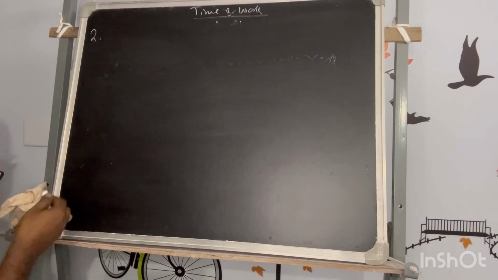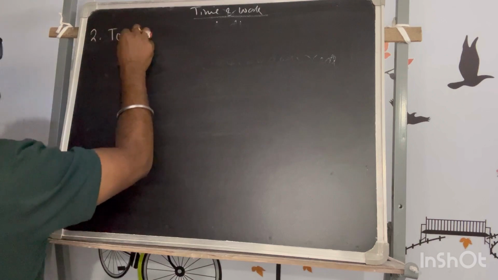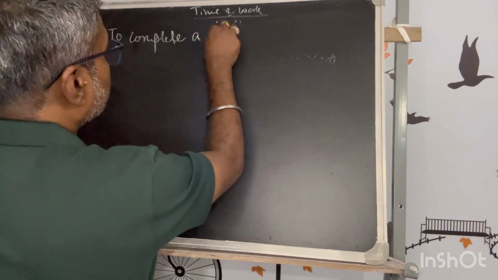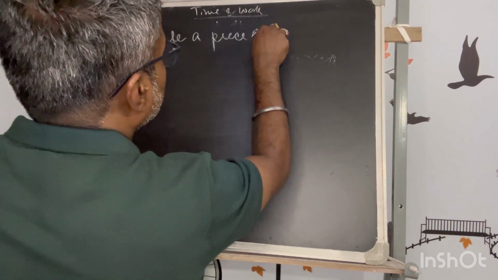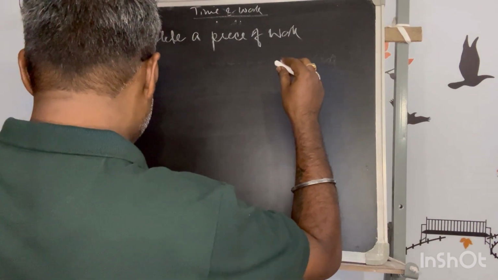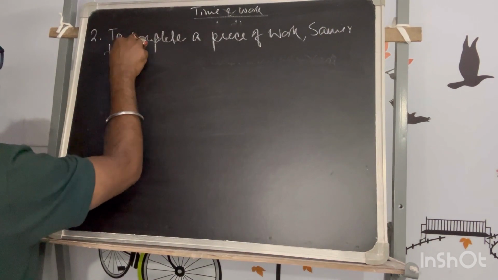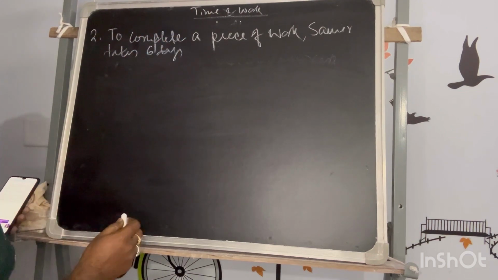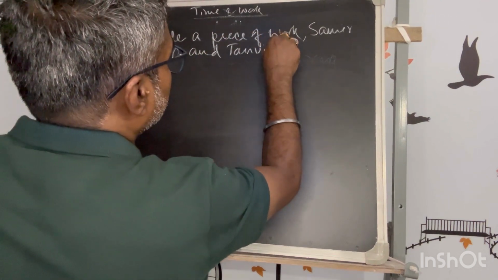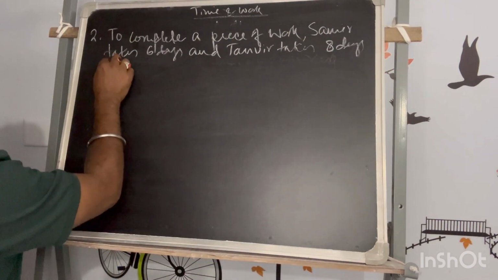Problem number 2. To complete a piece of work, Samir takes 6 days and Tanvir takes 8 days alone respectively.